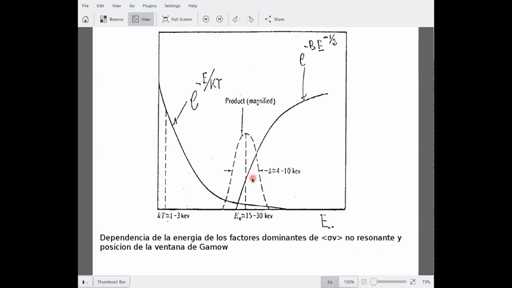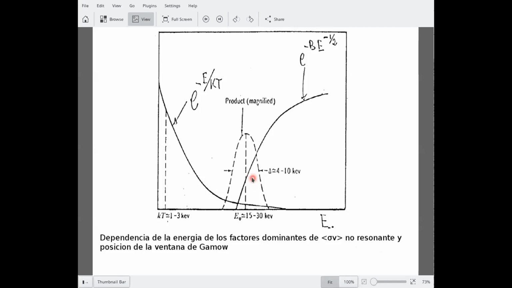Since the Sun has an age of a few 10 to the 9 years, that means that there are particles that up to now obviously didn't manage to interact, because you need an age of relief. But the reason why the Sun is producing so much energy is because you have a lot of particles.